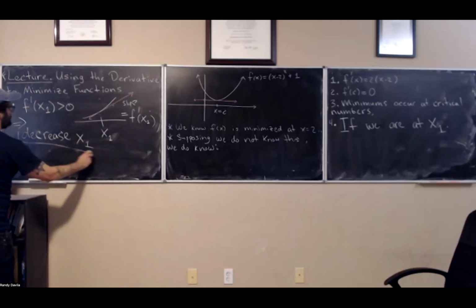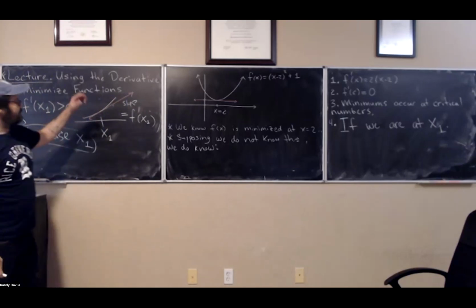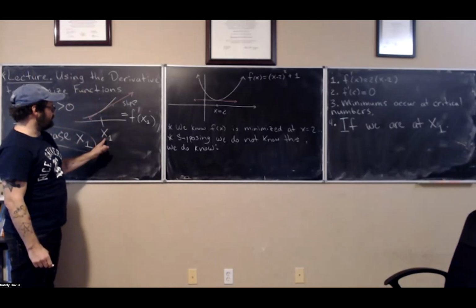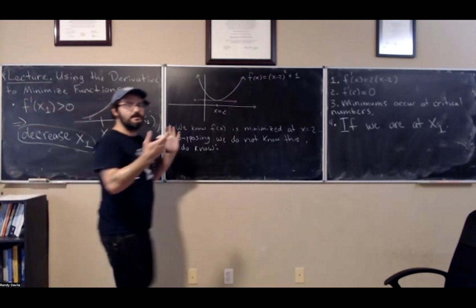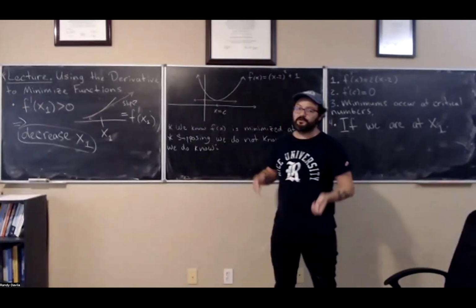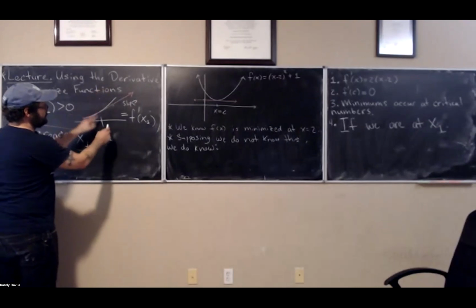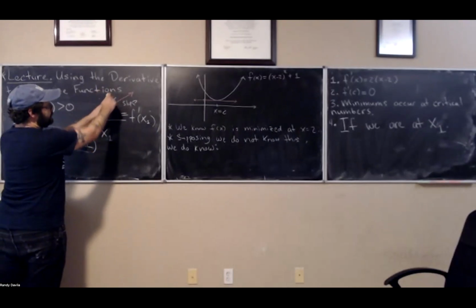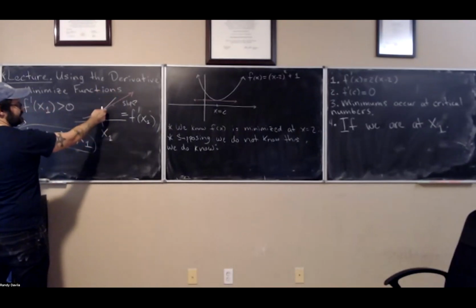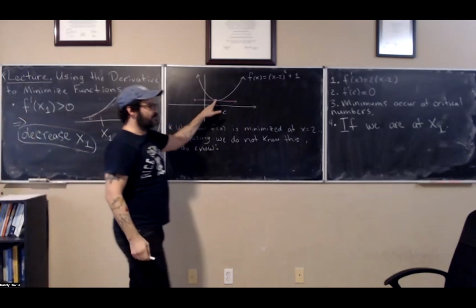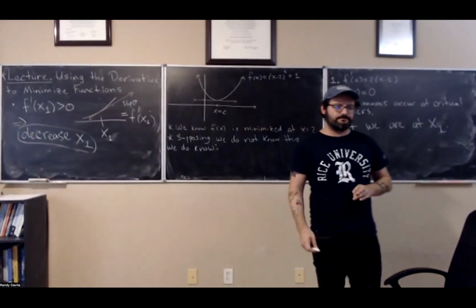And if we look at the slope of the tangent line at this point, we're trying to find the minimum value, or a local minimum. If it's positive, if we increase x1, we're going up the curve. If we decrease, we're going to go down the curve. And our goal is to find that minimum value.